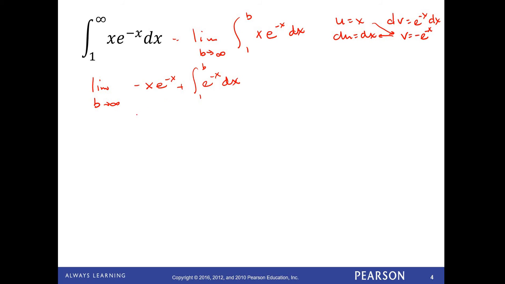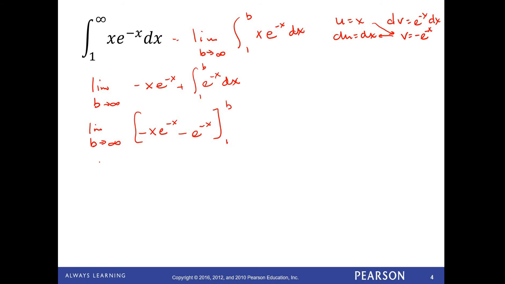This can be integrated on its own. So I've got the limit as b approaches infinity of negative x e to the negative x minus e to the negative x, and all of this evaluated from 1 to b.